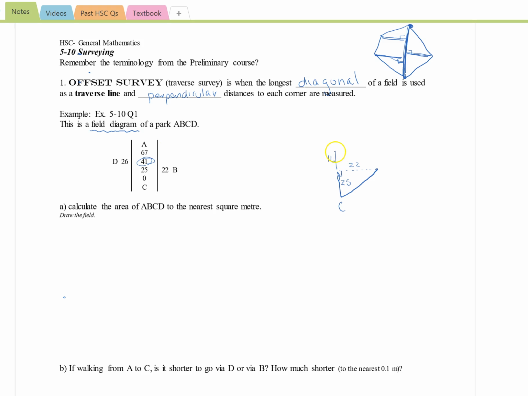This time out to the left is another corner, and that's called D, and this is 26 metres. From 41 to 67 gets us all the way to A, and that's another 26 metres. This is also 26, and now we're at A. So our field actually looks like this.